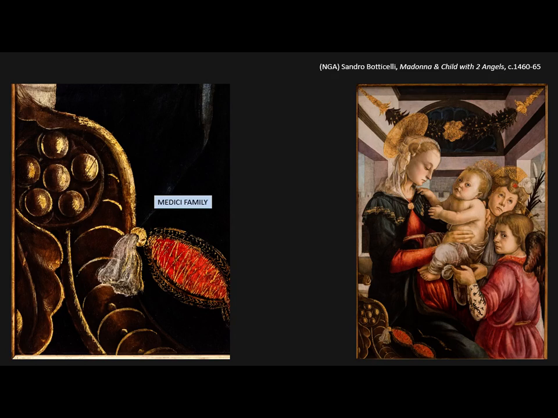She sits on a throne with these 6 balls in a shield on the throne. That is the coat of arms of the Medici family. And so they would have been the patrons who paid for this particular work. And as such, they get to have elements that refer to their status included within that work.